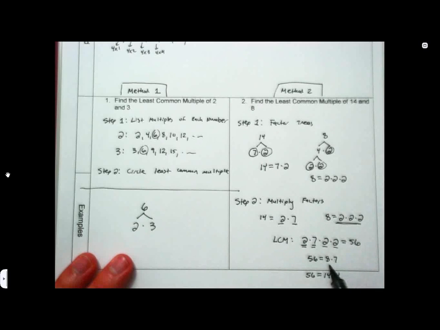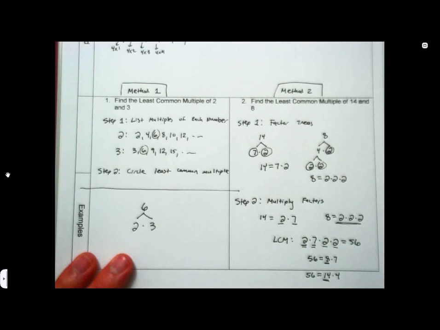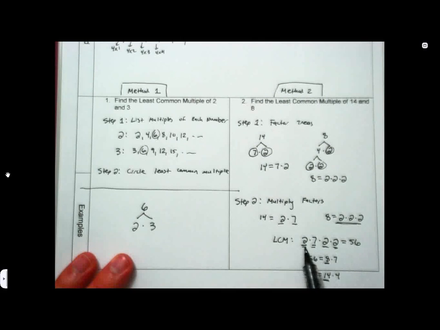So that means 56 is both a multiple of 8 and a multiple of 14 at the same time. The reason why it's a multiple of both, again, is that if I look at the number 56 broken down, you can see the number 8 as the three 2's and 14 as the 7 times the 2.